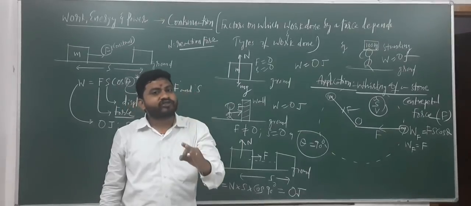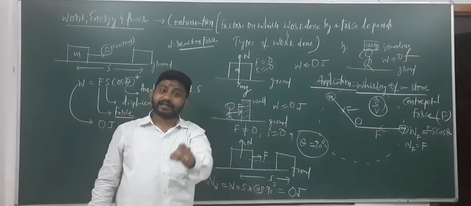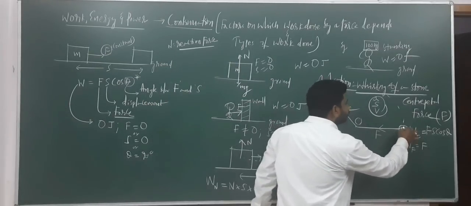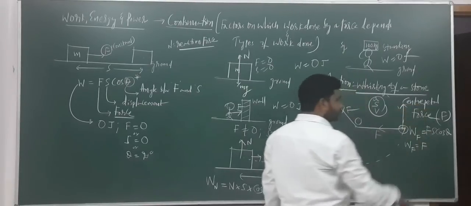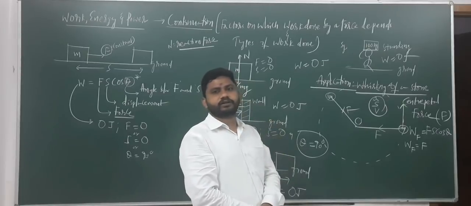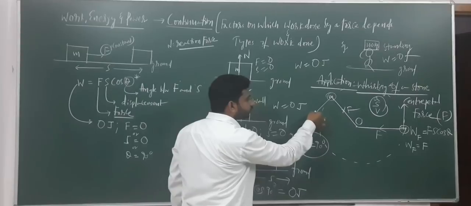If you want to find the direction of a vector quantity in a circular path at a point, you need to draw a tangent. You know how to draw the tangent, right?